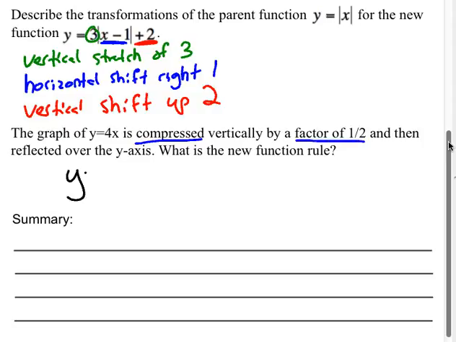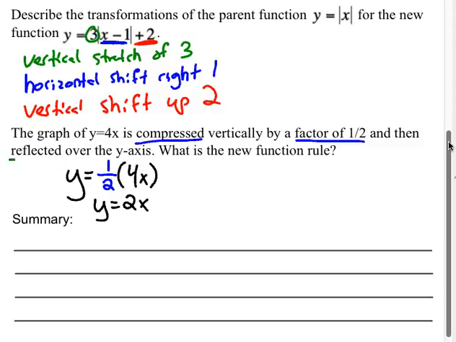What is that going to do? That's going to multiply my function by 1/2. So that gives me the function y equals 2x. There's the first thing.